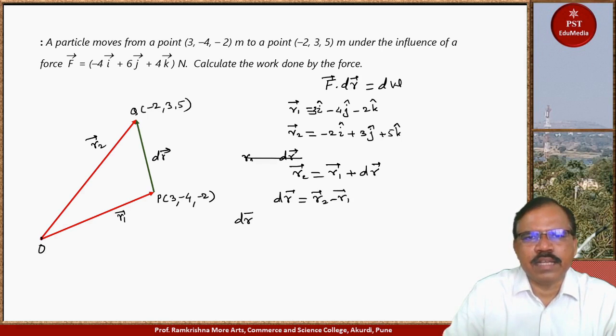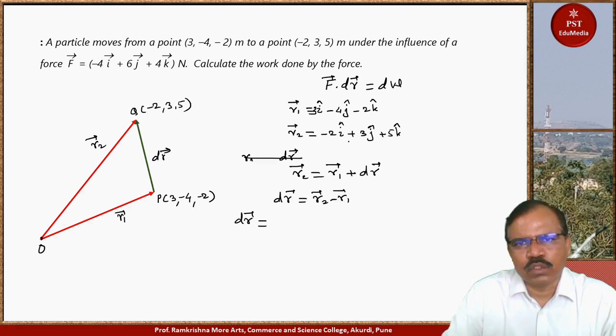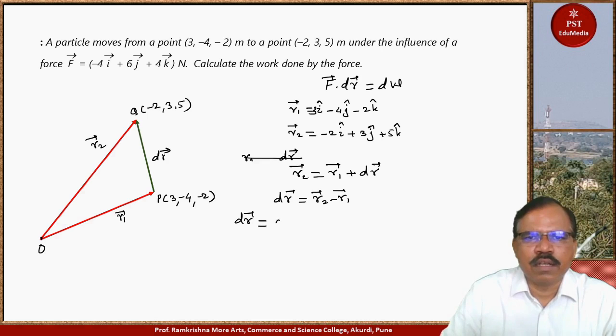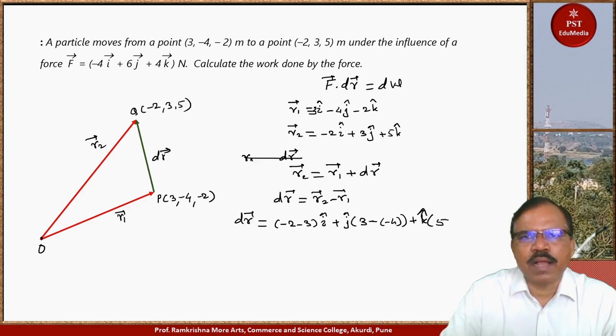Component wise it is subtracted: minus 2 minus 3 multiplied by i, plus 3 minus minus 4 multiplied by j, plus 5 minus minus 2 multiplied by k. So we get minus 5i plus 7j plus 7k.